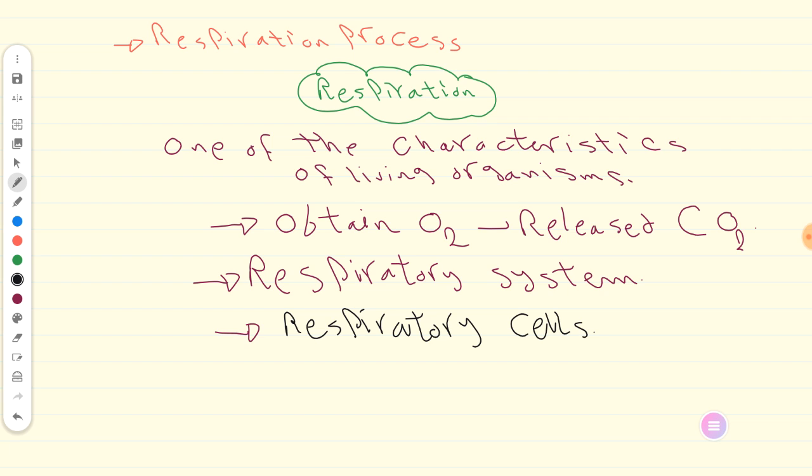So this process, which is the respiration process, occurs inside the cells of the respiratory system. So it means not all cells of the body of living organisms perform this process. This process occurs in specific cells related to the respiratory system.